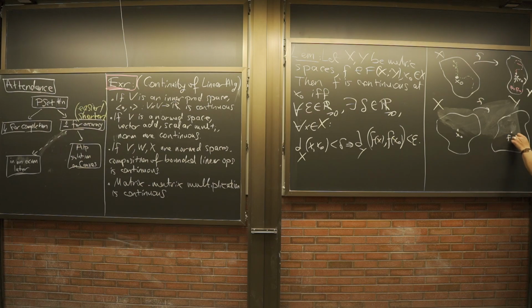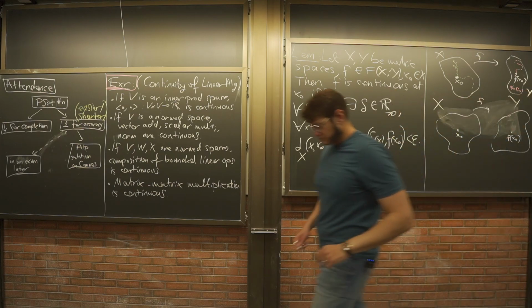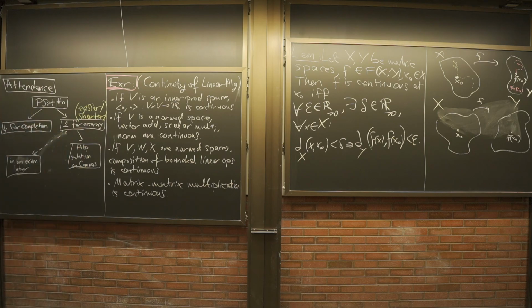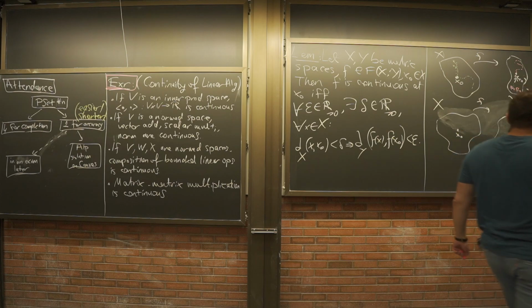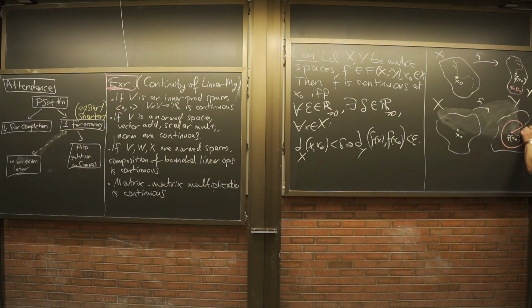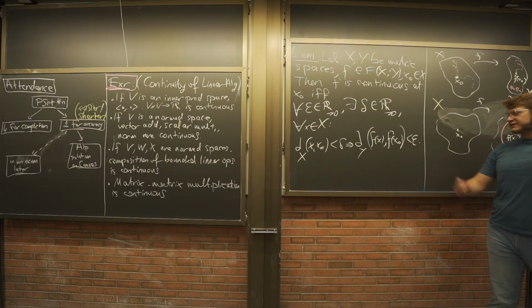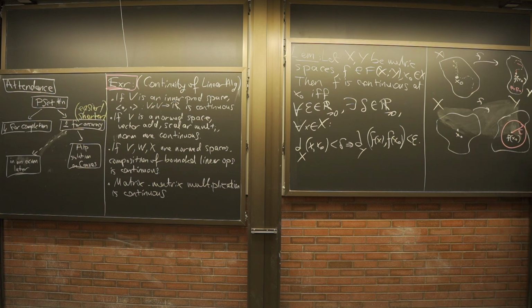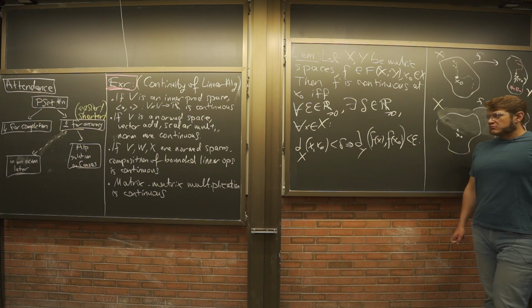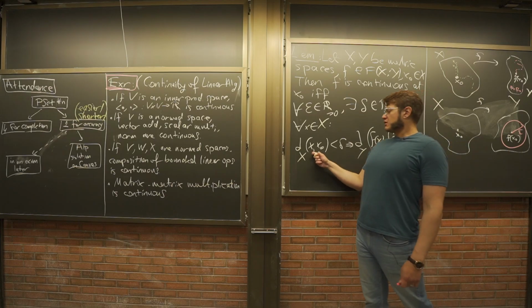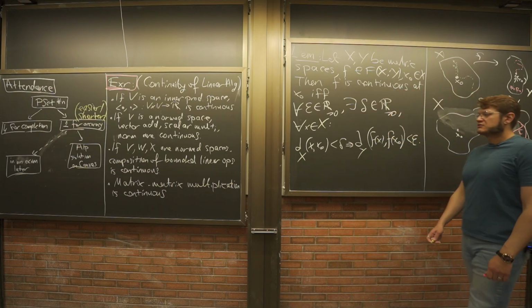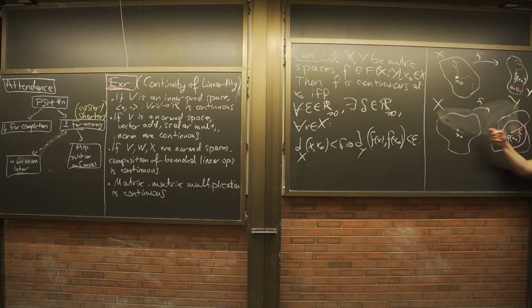Here is f of x0. For any epsilon, you start at the error margin you want to obtain ultimately. If I control my input to a delta, now I know x0 goes to f of x0, but I want nearby points to not cause a lot of error. So I'm bounding my error.